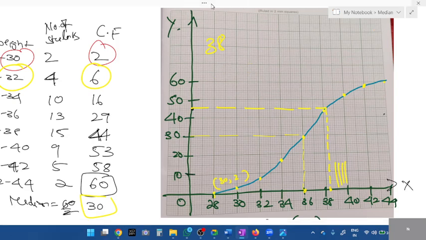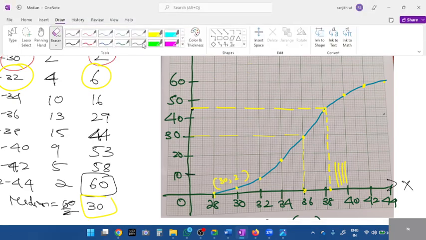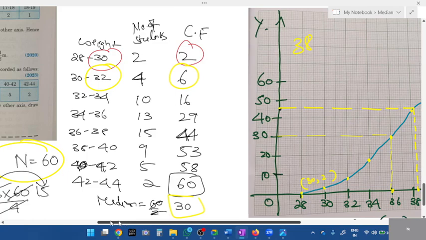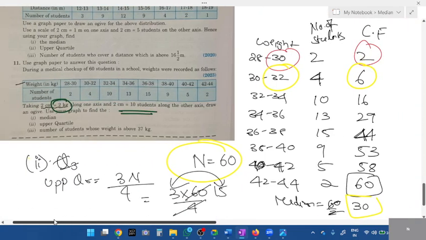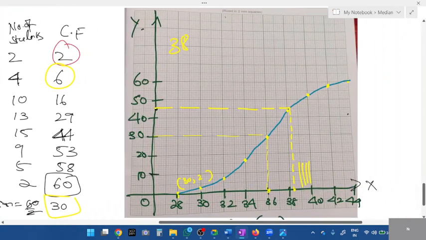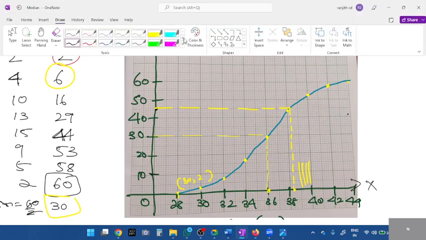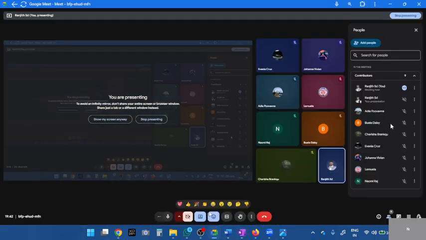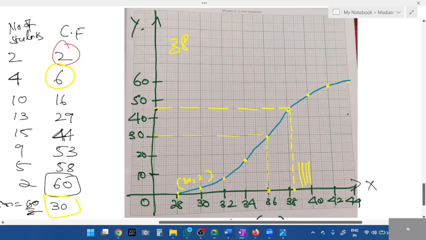Up to 38 it is fine. Mute the call. Somebody has not muted the call. So up to 38. After 38, I have got one line.